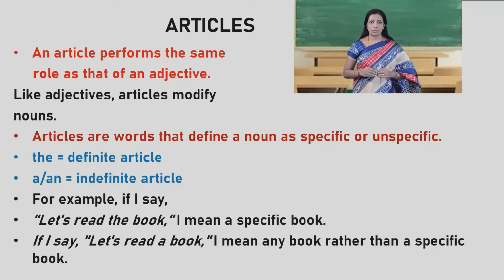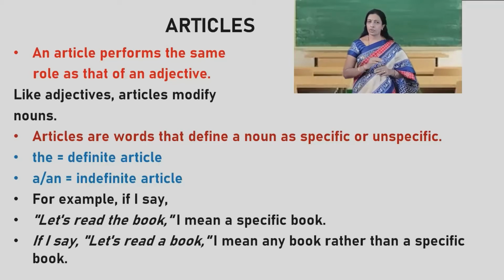If you see on your screens, there is a sentence which says, let's read the book. Let's read the book. Now, the is the article and book is the noun. Now, when we have used the book, because the is a definite article, this means that the noun book is specific.